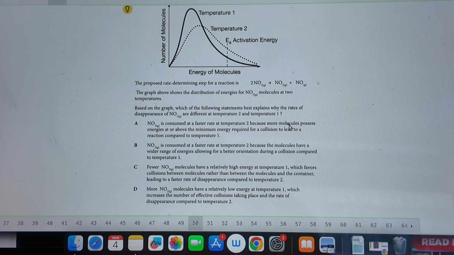At temperature number 2, we see that there is a greater fraction of molecules that have energy above the activation energy, right? The activation energy is right here.